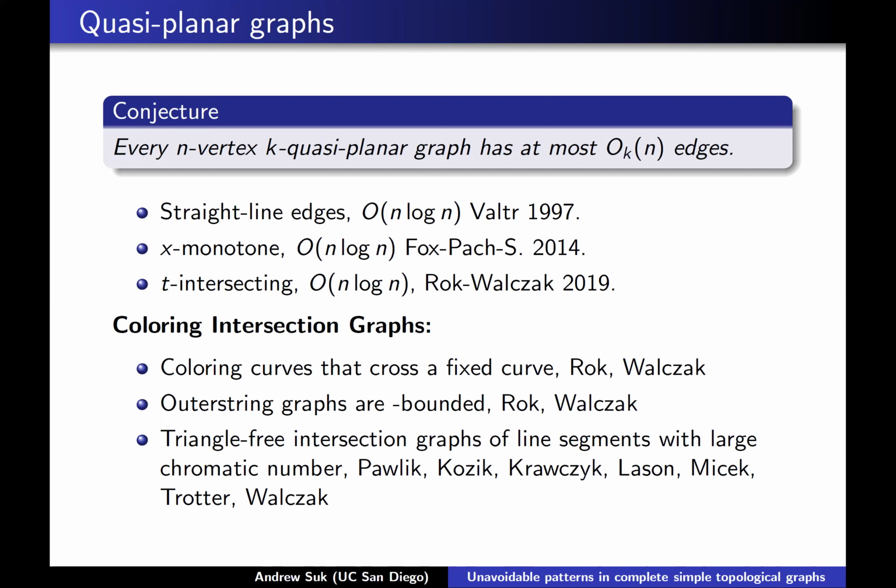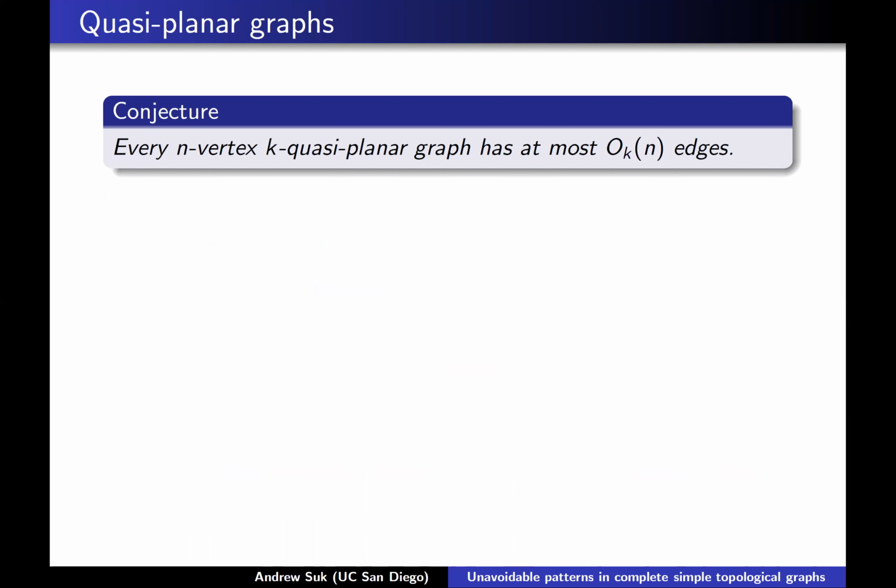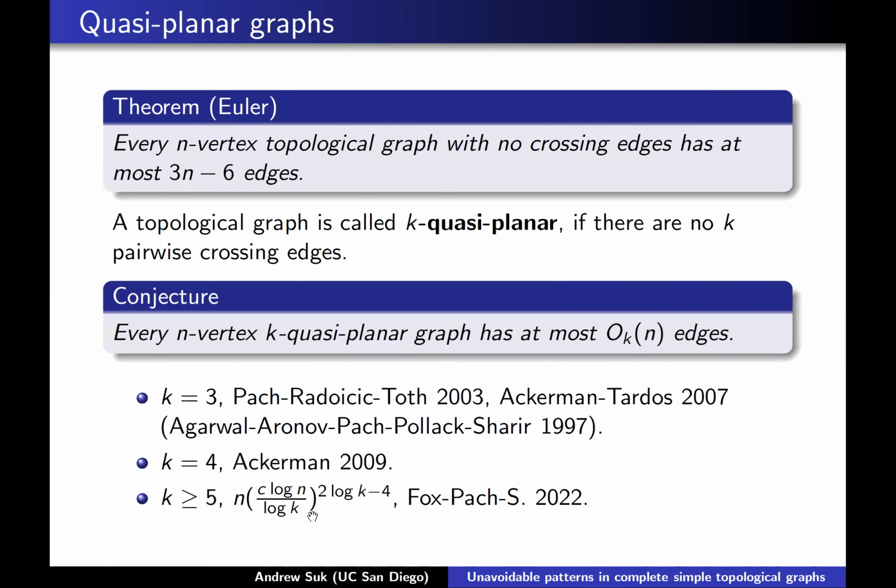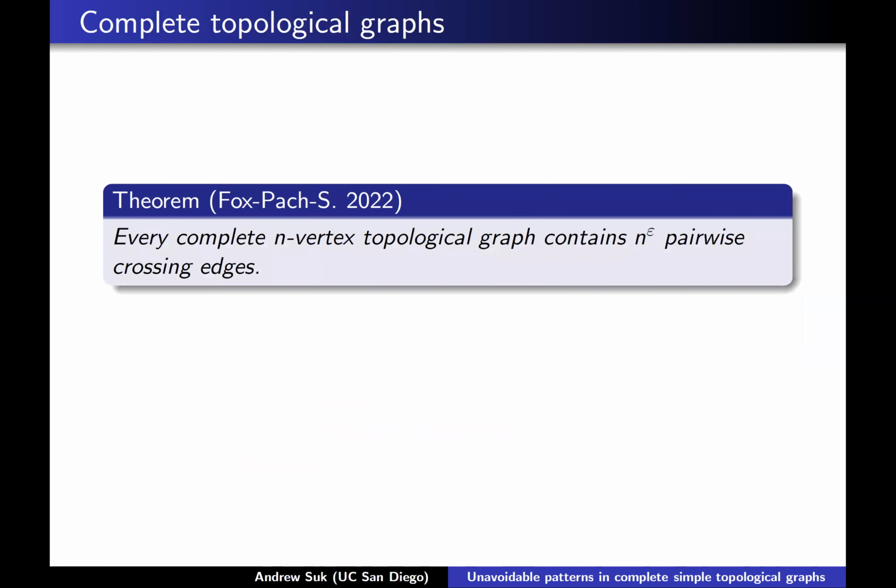Actually, I'll be focusing on the complete topological graph. So if you go back to this slide here, so this result here, one corollary you get from this, just by setting this equal to n squared, is that every complete n-vertex topological graph contains n to the epsilon pairwise crossing edges.